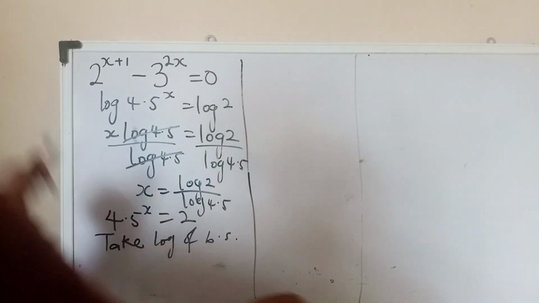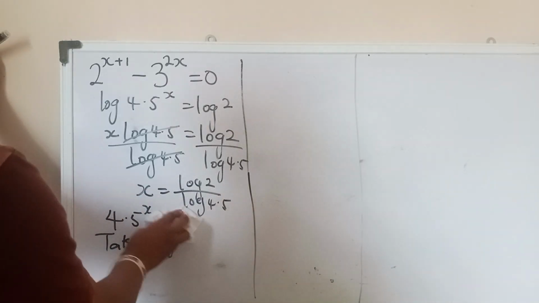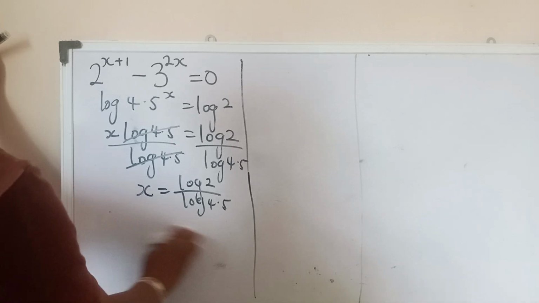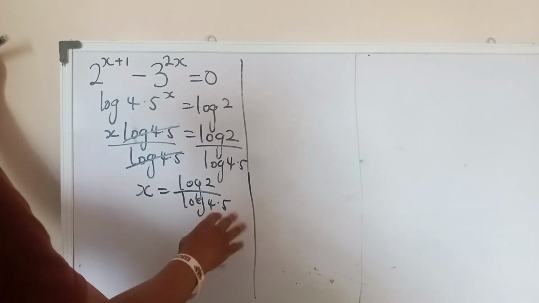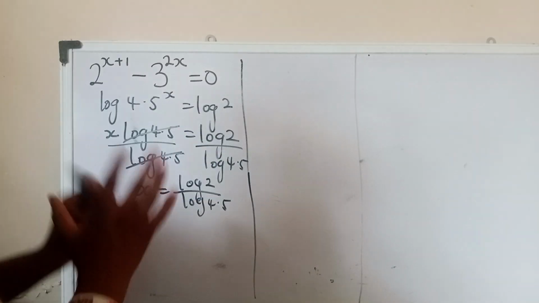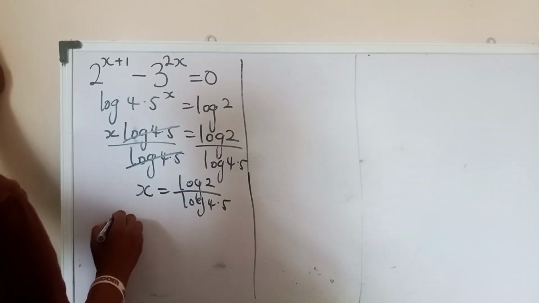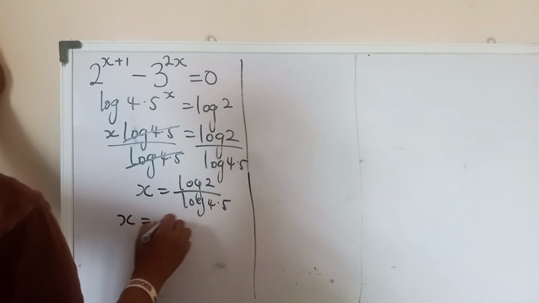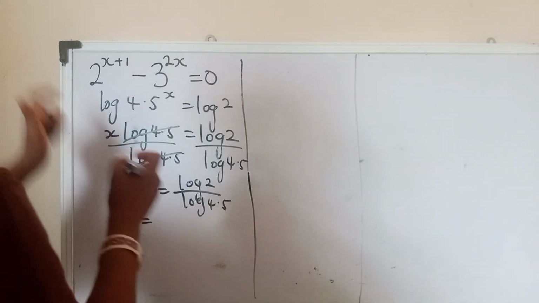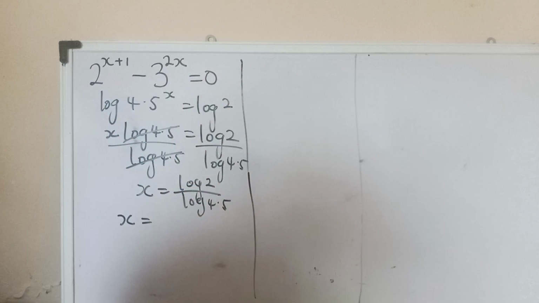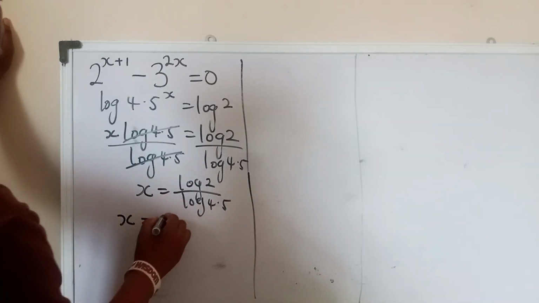So at this point, you're going to need your calculator. So you're going to punch log 2, log 4.5 and divide it. And what we're going to realize is we're going to get 0.46.